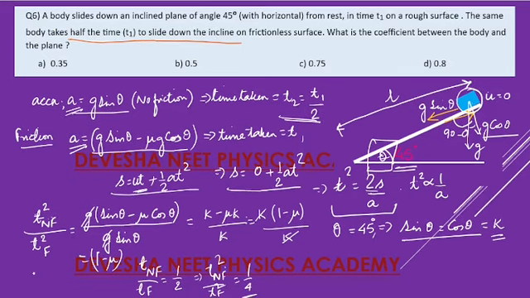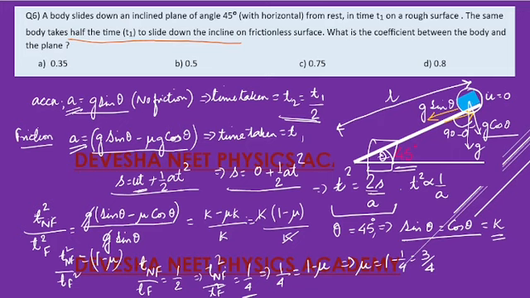Now let's go back to this thing. So we said that T non-friction upon T friction square is equal to 1 minus mu. It means 1 by 4 is equal to 1 minus mu. It means mu is equal to 1 minus 1 by 4 is equal to 3 by 4.